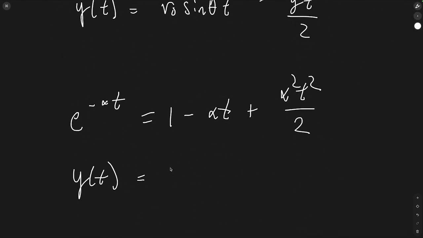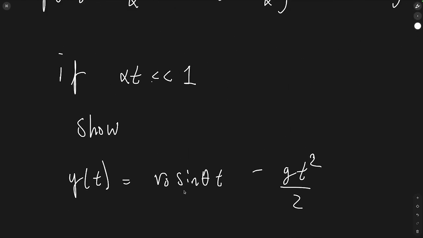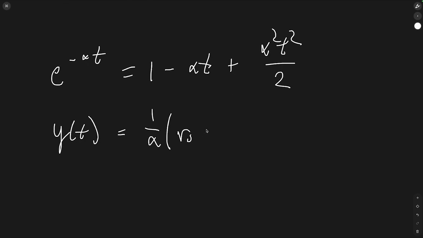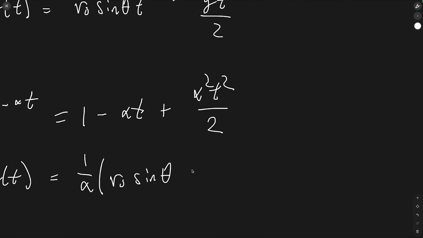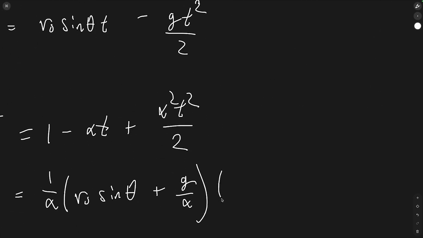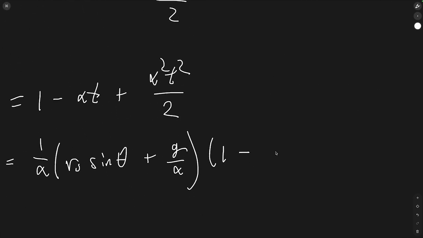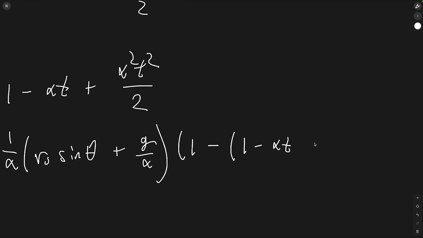Y of t is 1 over alpha, and then v naught sine theta plus g over alpha, and then times 1 minus alpha t plus alpha squared t squared over 2.